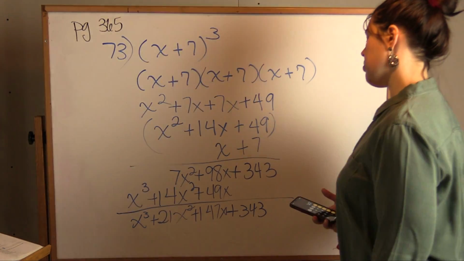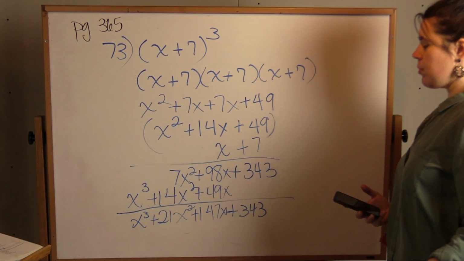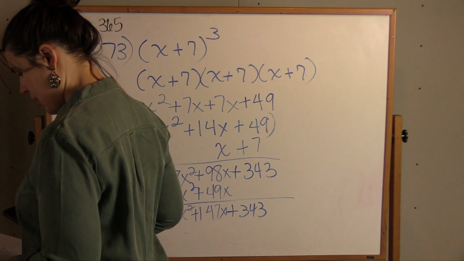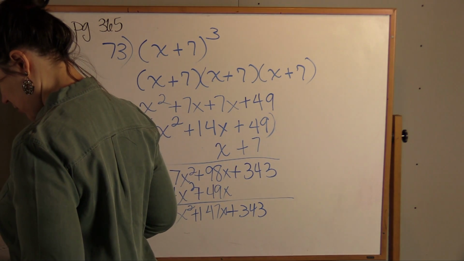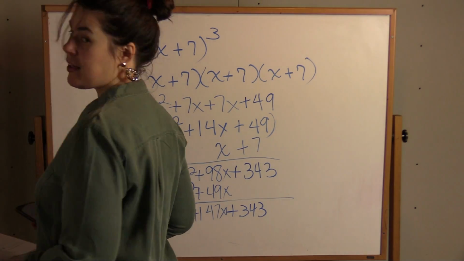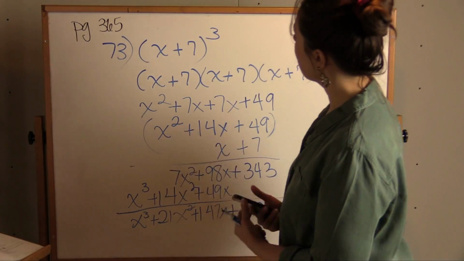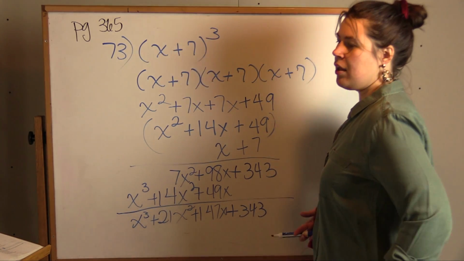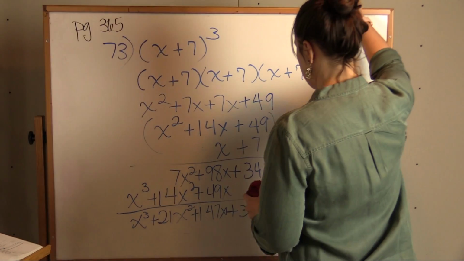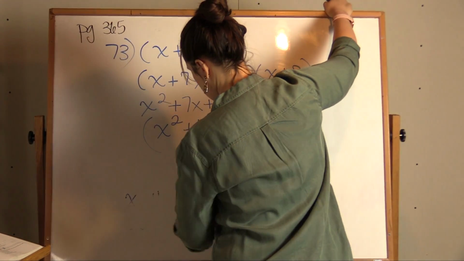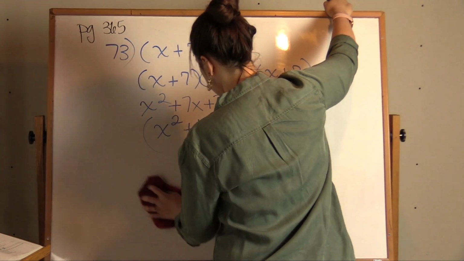So x to the third plus 21x squared plus 147x plus 343. Just double check that because that's really big numbers. Well, it is correct. So we just ended up having a problem that produced very large numbers. All right, so that does it for those type of problems. We're going to now move on to problem number 100.